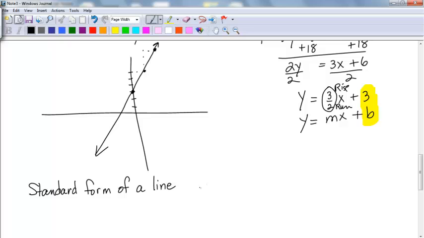Standard form of a line is in this form: AX plus BY equals C. Use uppercase for A, B, and C. It's where they get the X and Y on one side of the equation and C on the other side. And it's where A, B, and C are integers.